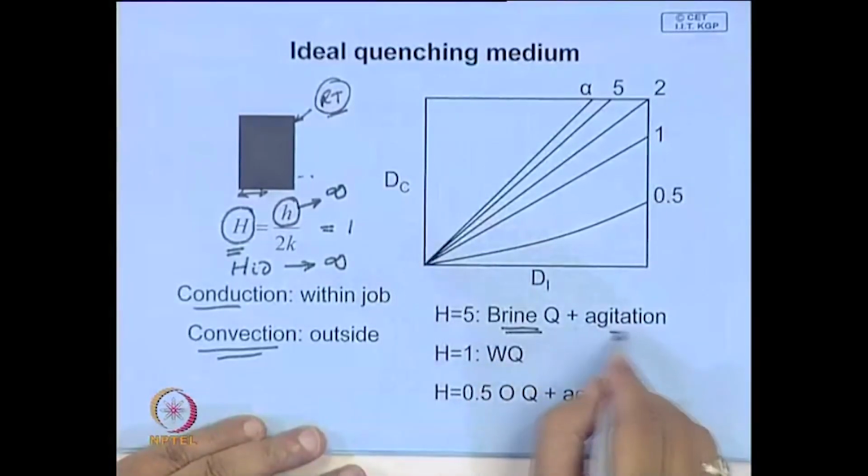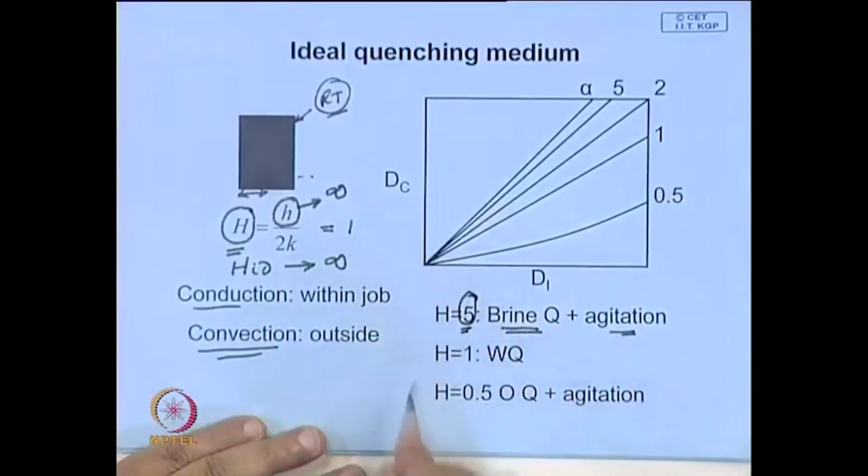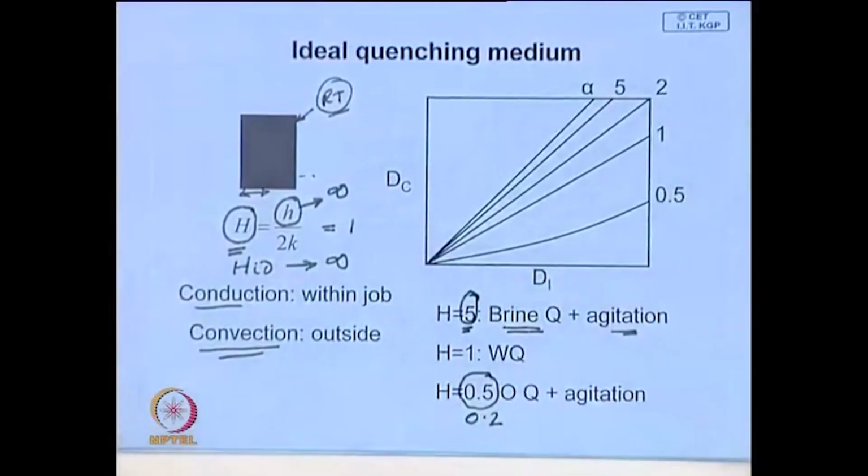So, a brine quench with agitation has a quenching severity of 5, whereas an oil quench without agitation will be much less severe, maybe 0.2. So, this is how it is possible to define. Grossman introduced the concept of quenching severity, but there are lots of later developments. If you have time, we will look at that, but a little later.